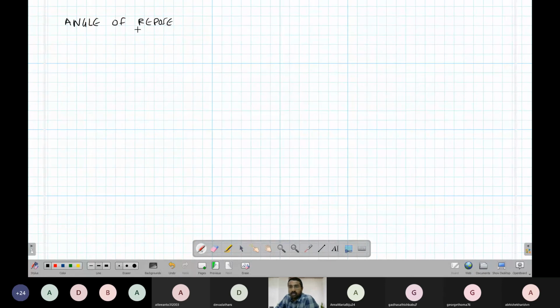Repose in the literal meaning is rest. So this is the maximum angle. If you have a body, a wedge or something, on a surface or rod or anything.